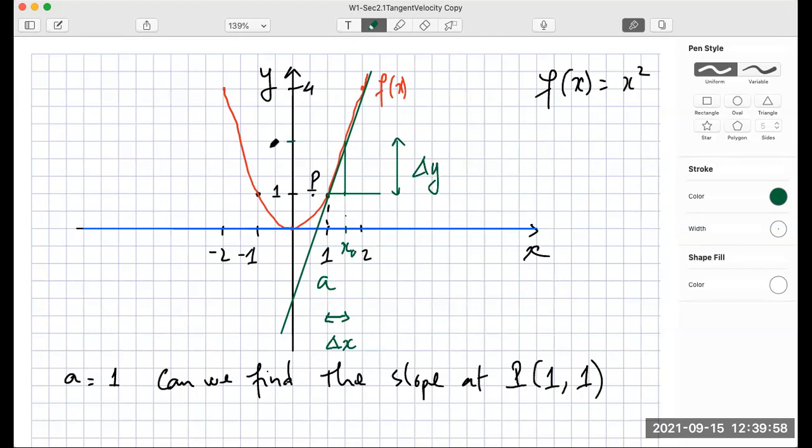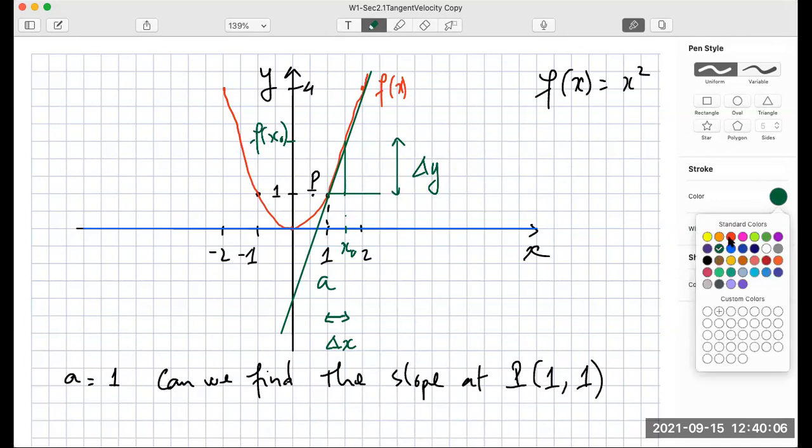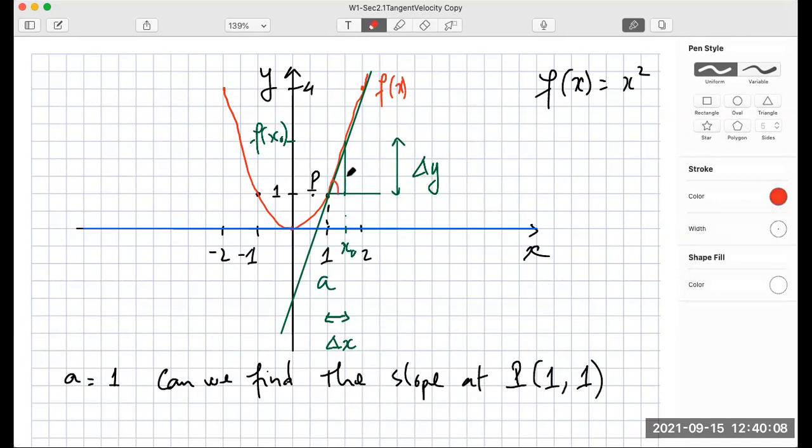Suppose this is the point x0, so that you won't be confused with x in general here. And here is f of 1. And therefore, this quantity we call the slope, m. So m is simply the change in y over the change in x, right?